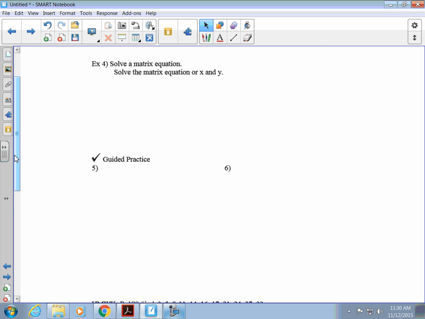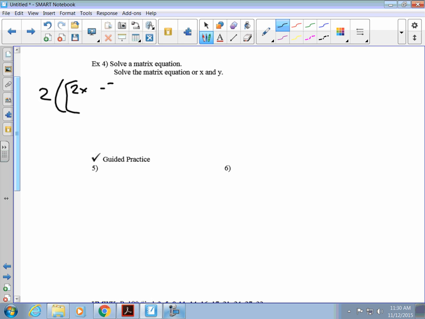Example 4 is going to be to solve a matrix. We're going to solve the matrix equation for x and y. So we'll write a matrix up here. Let's say we're going to take 2 times the matrix 2x, minus 3, 5, minus y, plus a 2 by 2 matrix: negative 1, 4 in row 1 and 3, 5 in row 2.